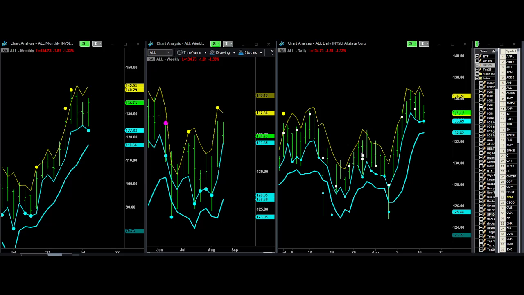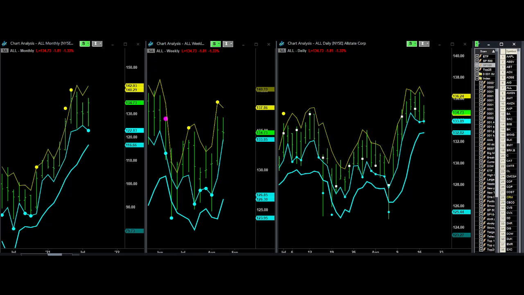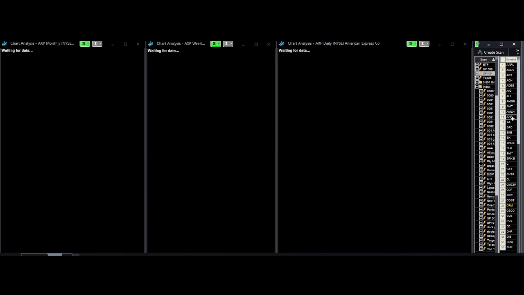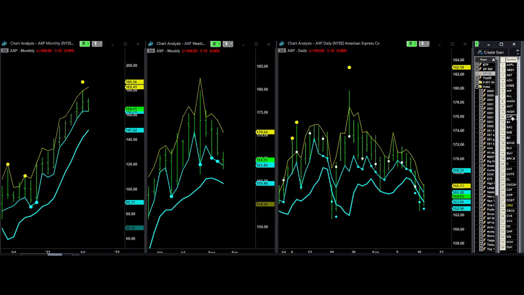So we can select any kind of stock and select any time frame. For example, this is SP 100. Let's select another one, AXP. That's the AXP monthly chart, weekly chart, and daily chart.